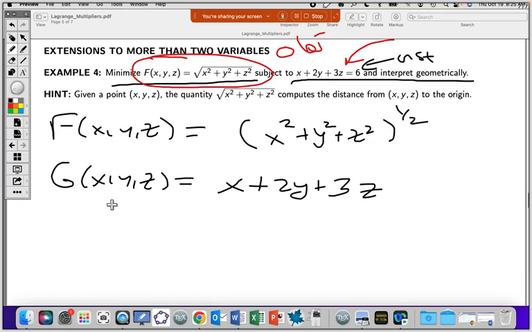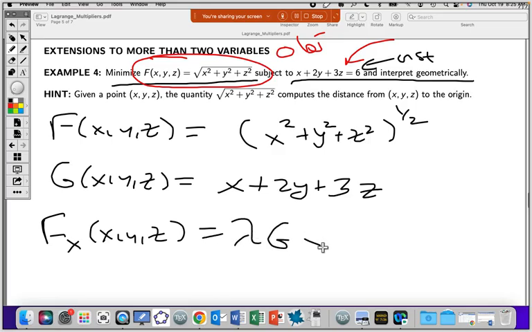All right, so now I have to calculate the gradients here. So we're going to look at the partial with respect to x and match that up to lambda g of x, and so on and so forth. And once again, if you look at the function f itself, it's completely symmetric in terms of x, y, and z. So once we figure out the fx, we should be able to just permute through the variables to get the rest of those.